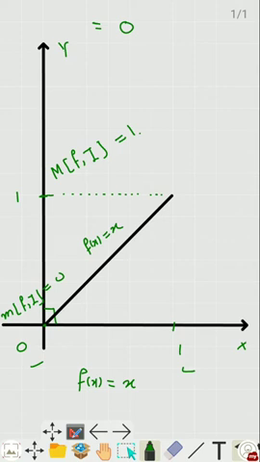Okay, now that was very simple. Now let us go to one more example.